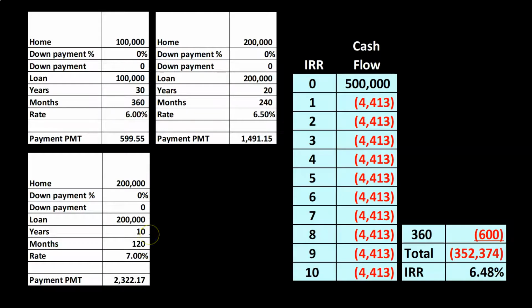It will be gone after that point, at which point we'll continue paying the other two loans, which would be $599.55 plus the $1,491.15, for the remaining 10 years to get up to 240 payments total. After that point, this loan would expire. Then finally, for the last 10 years, we would only be paying around $600, the $599.55.